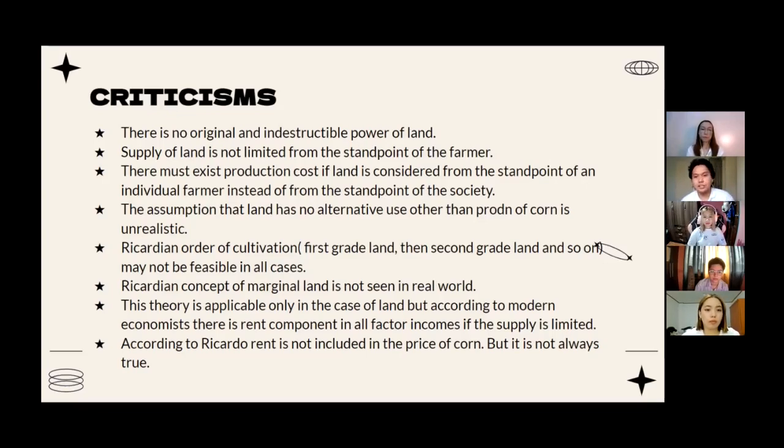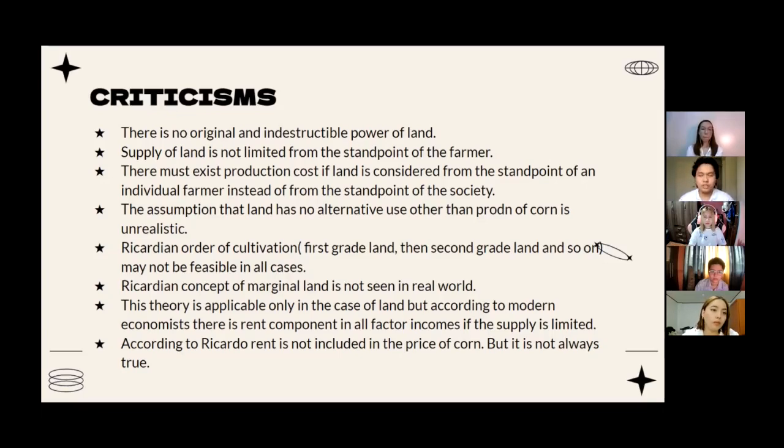The assumption that land has no alternative uses other than the production of corn is unrealistic, because David Ricardo based his theory on the production of corn. Most economists find it unrealistic.